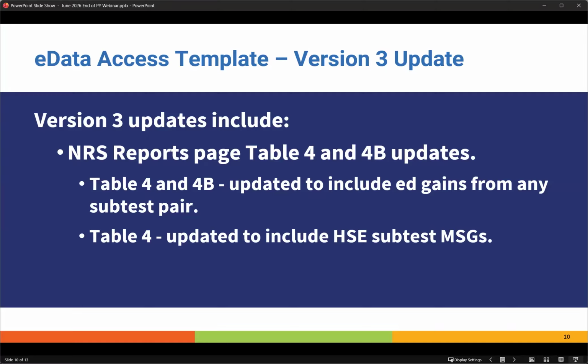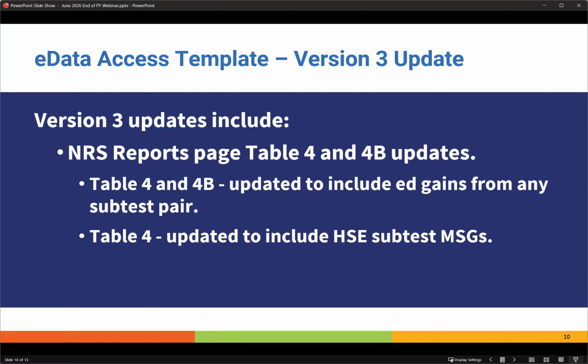And maybe for many of you, the most important thing is table 4 in particular is updated to include HSE subtest measurable skill gains. And these are skill gains that adults have. The ones that are included in table 4 are HSE subtest MSGs where the adult does not have an MSG from an EFL gain on a subtest assessment subtest pair.